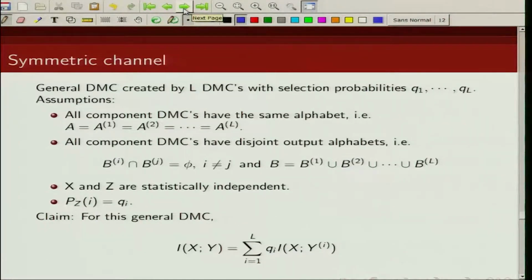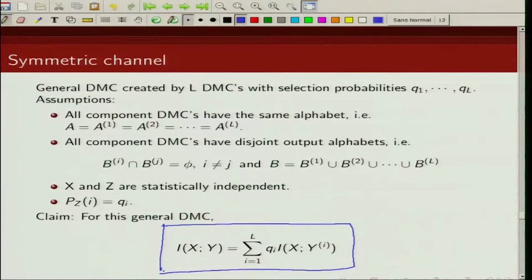Now the claim I am making is that the mutual information between the input X and output Y can be written in terms of the mutual information of these individual channels, and this is the expression relating them.